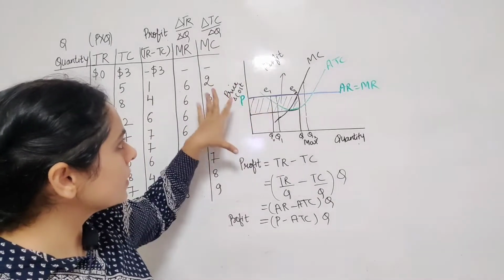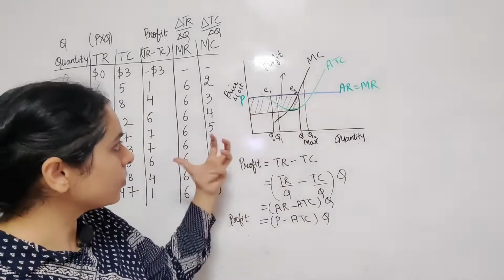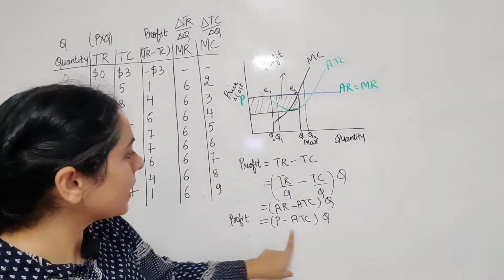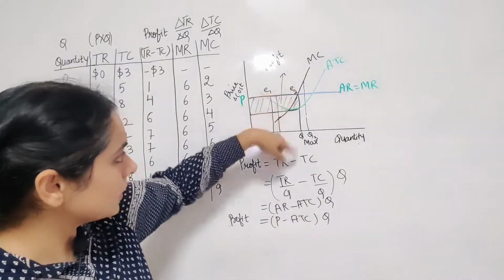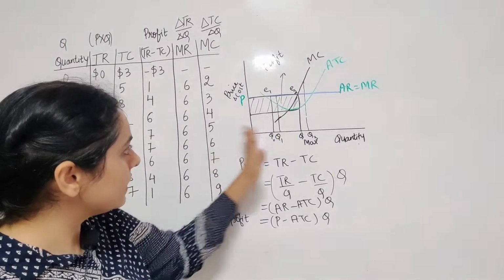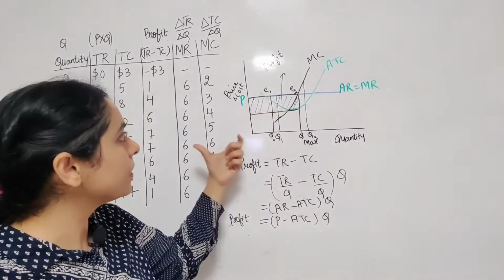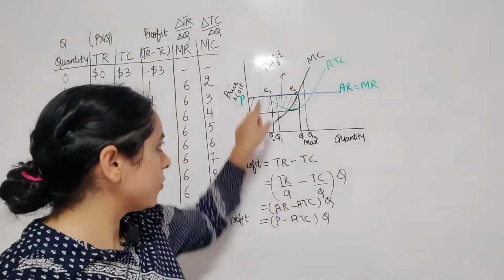The area of the rectangle is basically the height multiplied by the width. So this portion, price minus average total cost, represents the height of the rectangle, and this quantity represents the width of the rectangle. So if we multiply this with the quantity, we'll get our overall profit.